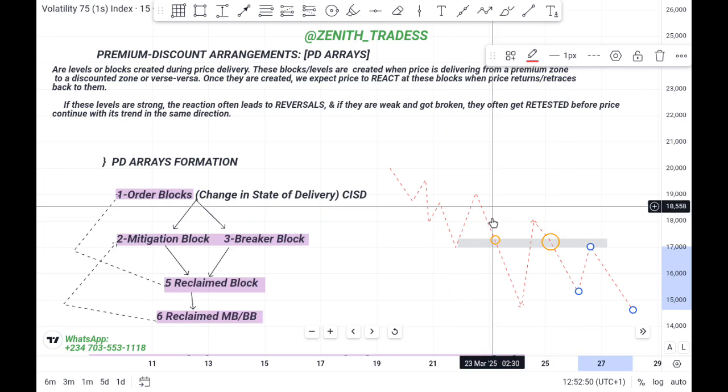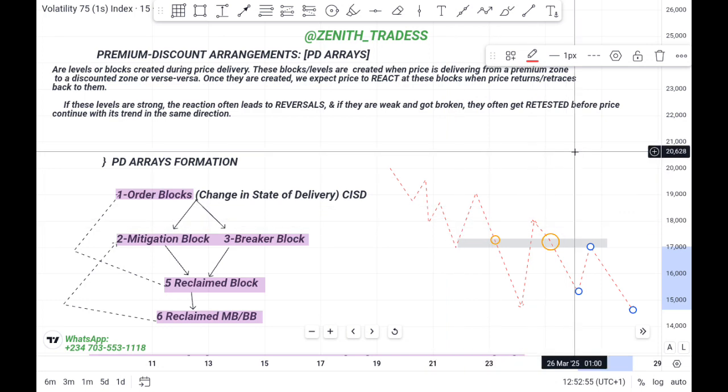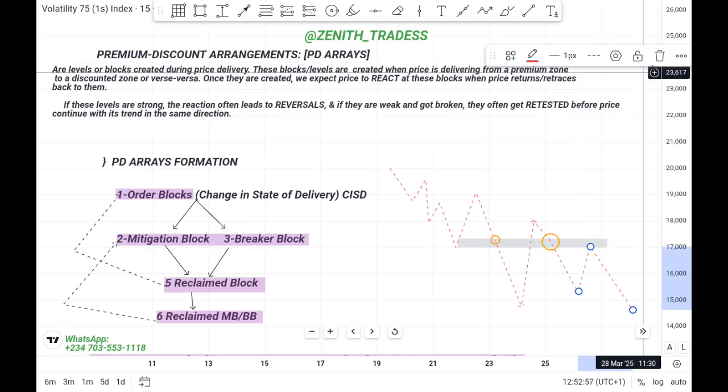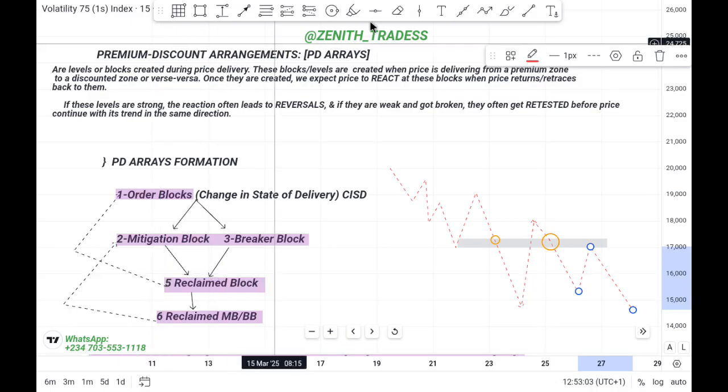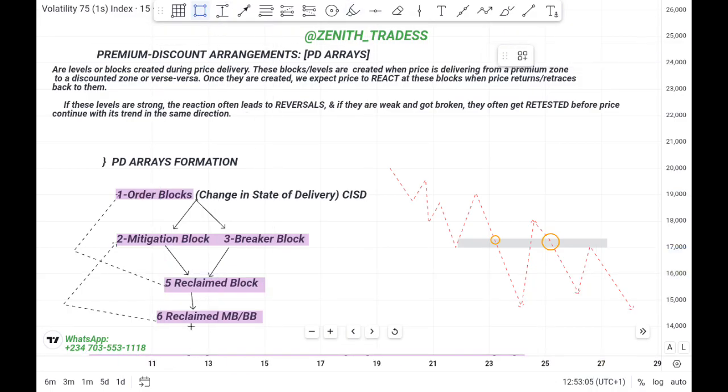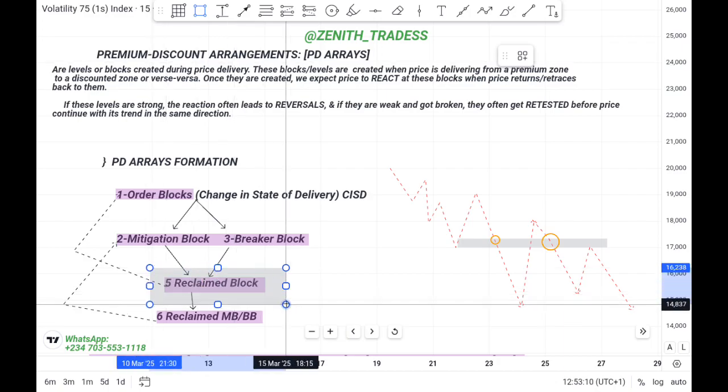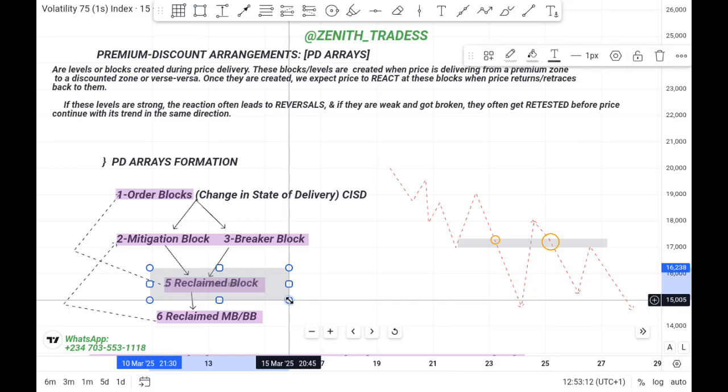That's the first premium discount arrangement we have discussed, and it gave birth to 4 other blocks we're going to see in the market. So this reclaim block is what we are going to pay attention to, because it is what we are going to be using mostly, right?